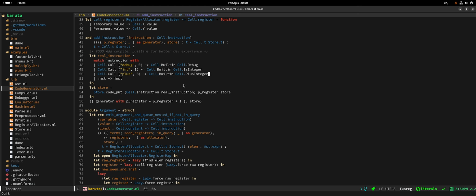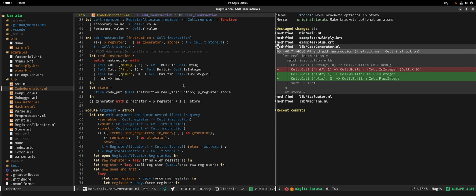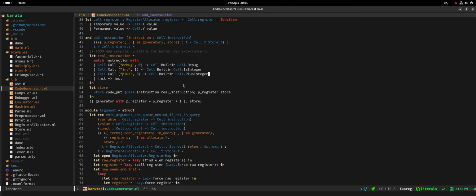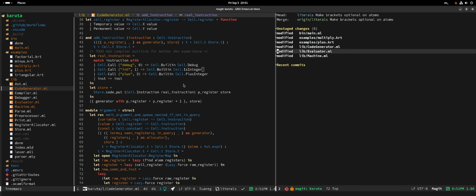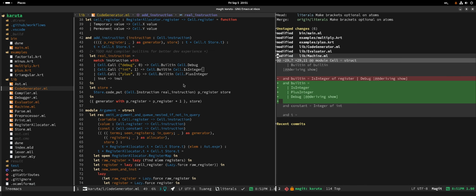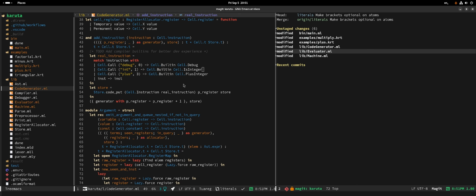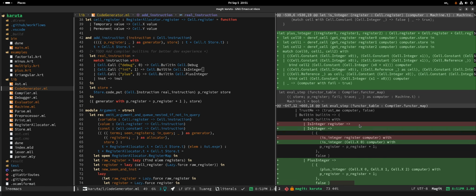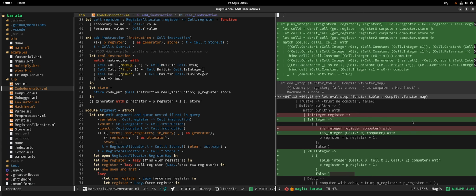Can I look at the diff for a second? The diff for this? Yeah, that's just that. We didn't change much in the machine or the evaluator, right? In the machine, we added the plus integer in there. In the evaluator, we actually implemented it. And I think the problem resides somewhere in here.